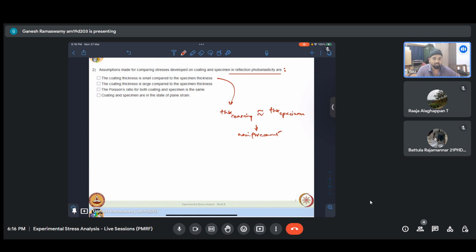So there is no question of having a coating thickness that is more than the specimen thickness, which will anyway defeat the purpose. So our fundamental assumption is that the coating thickness is much smaller compared to the specimen thickness.